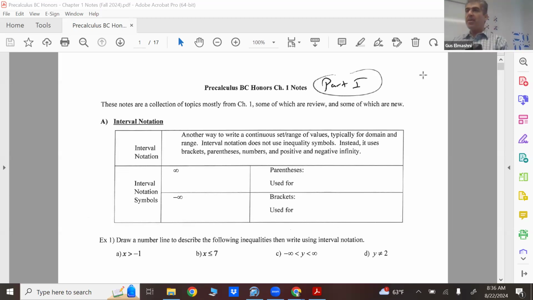So we're going to start by talking about interval notation. You should be pretty comfortable with that, right? If you see parentheses, that means it's not included. It's typically used for less than or greater than, and we'll do some examples in a bit.